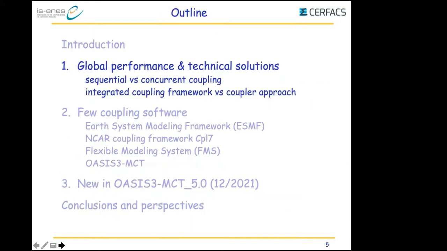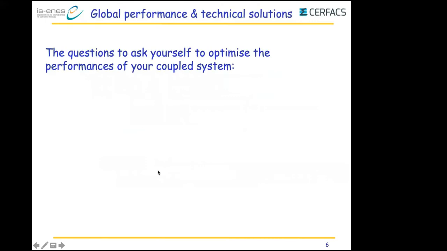So for the first part, on global performance and technical solutions, let me introduce. When you start implementing a coupled model, you have to ask yourself how you want to use the computing resources you have at hand, to optimize the performance of your coupled system.